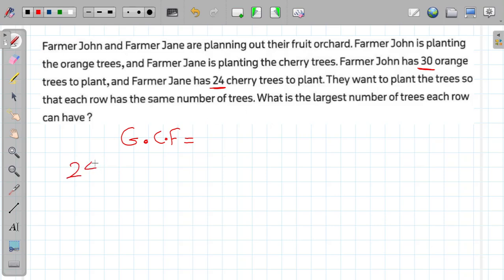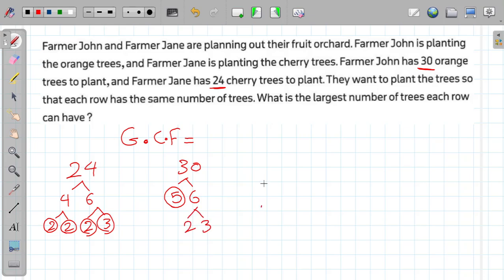So I will factorize the number 24 first. 24 equals 4 by 6, and 4 equals 2 by 2, 6 equals 2 by 3, so I have 2, 2, 2 and 3. 30 equals 5 by 6 and 5 is prime, so I will stop here. 6 equals 2 by 3, so 24 equals 2 by 2 by 2 by 3, and 30 equals 2 by 3 by 5.